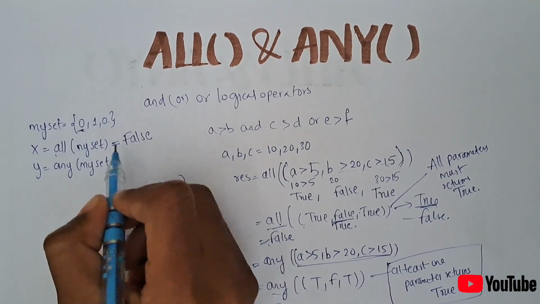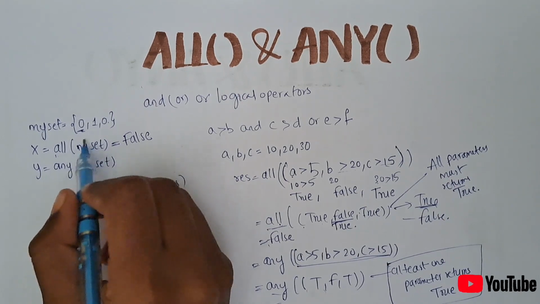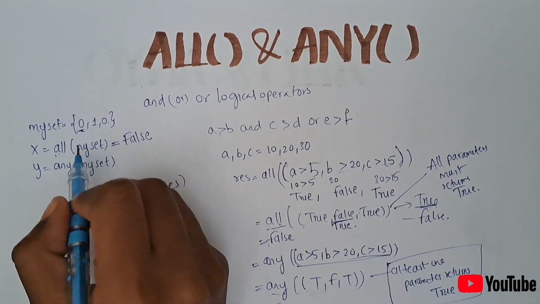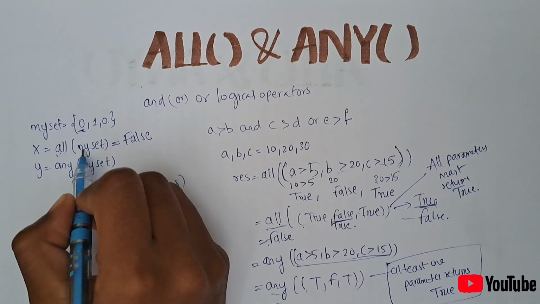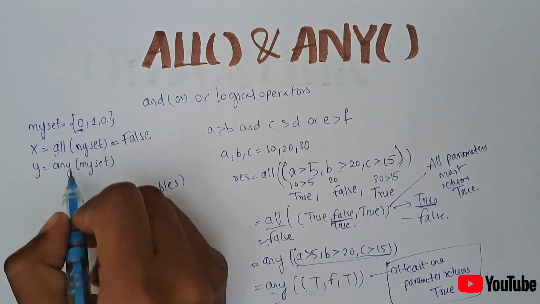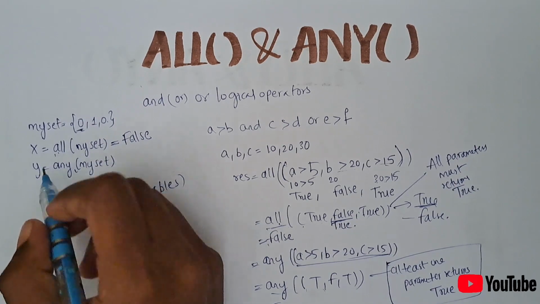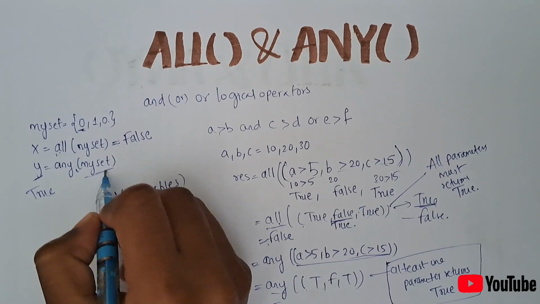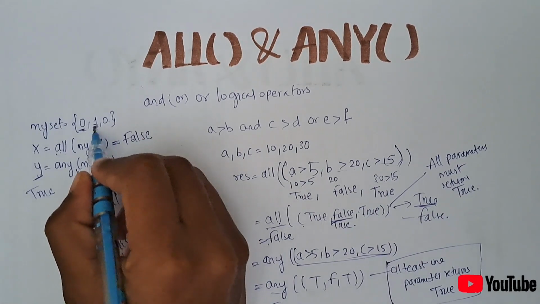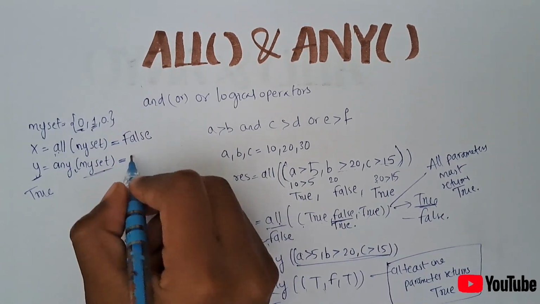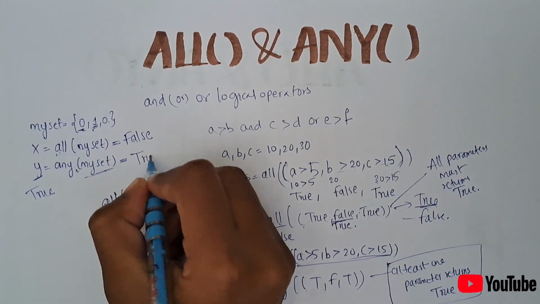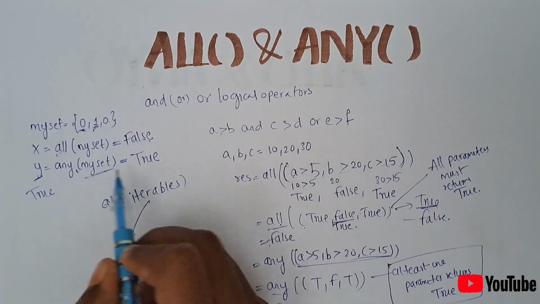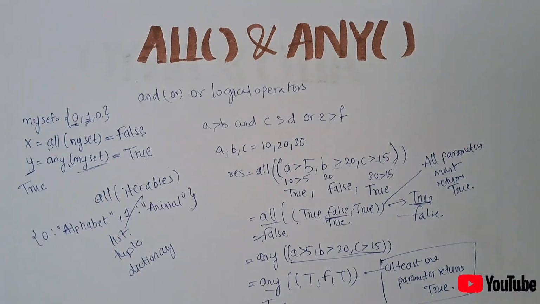That's why the all function returns false, because it returns true only when all of its parameters are true. But for y, the answer will be true, because at least one of its parameters should be true. Here 1 implies true, so y will be true. Whenever you print x and y, you will get x as false and y as true.